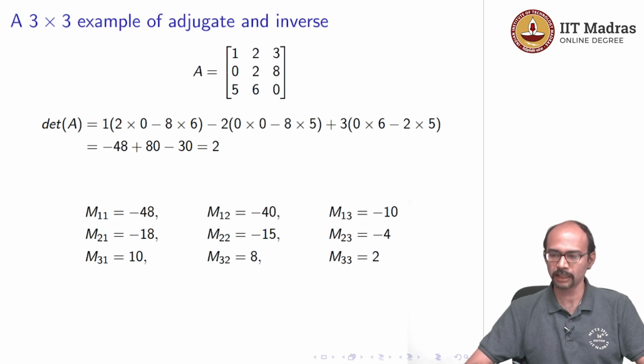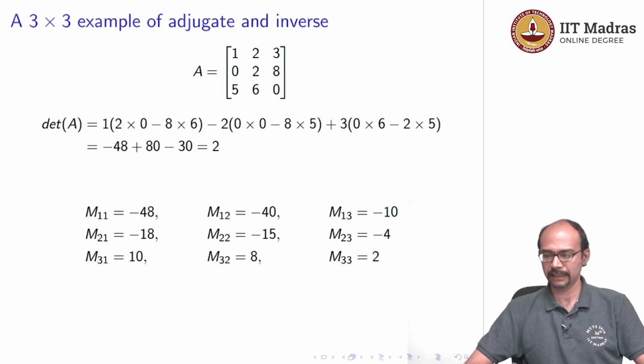Why is that M11? Because that is what you get by hiding the first row and the first column. So, you get 2 times 0 minus 8 times 6. Okay. So, you can check the other minors, and hopefully you will get these numbers.